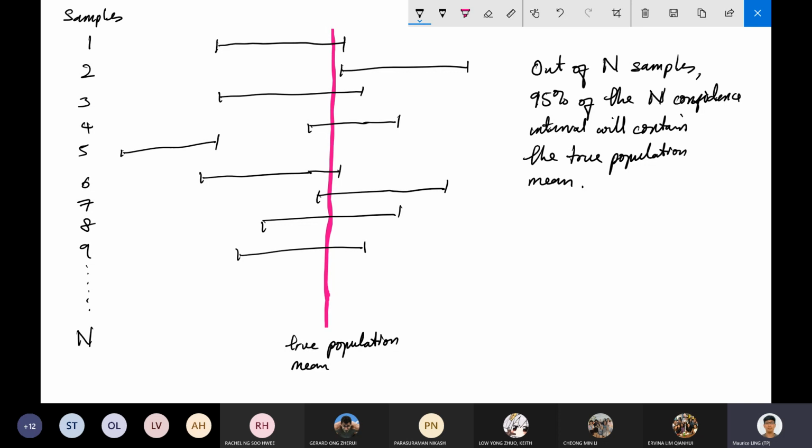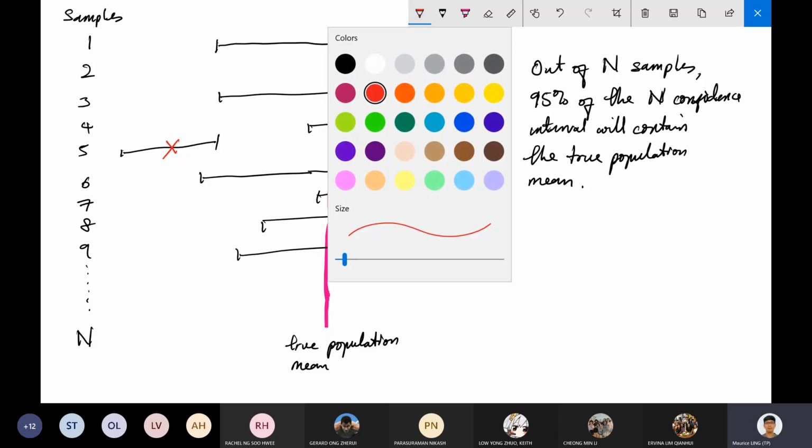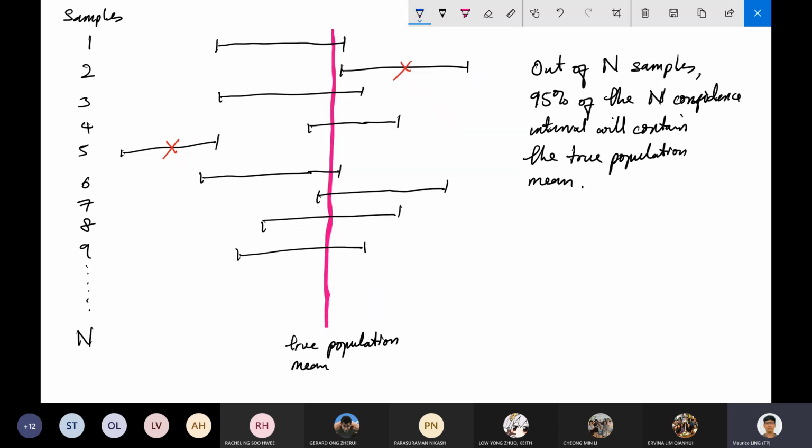Because this is the one that doesn't contain the true population mean. This is the one that fails. The ones that contain the true population mean will be this, this, this, this, this, this, and this. So you have to do a lot of multiple samples in order to get that. Any problems with this concept?